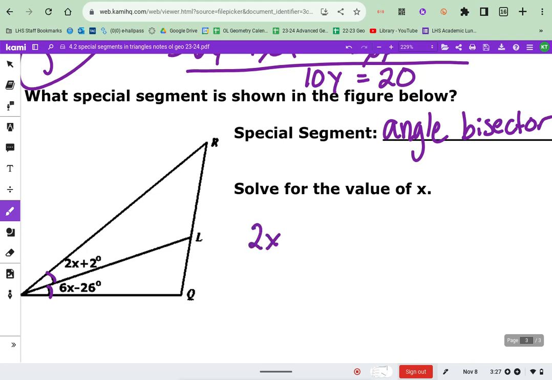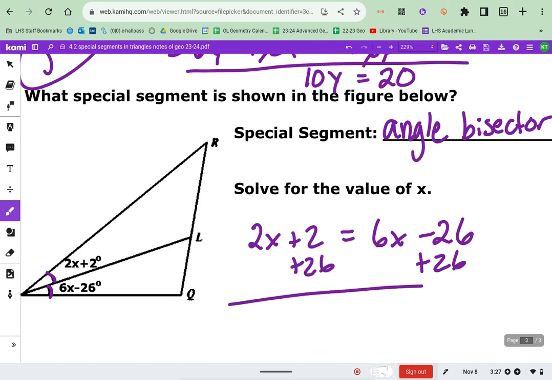So 2x plus 2 equals 6x minus 26. Then we just solve for x, so plus 26 on both sides. Minus 2x on both sides.